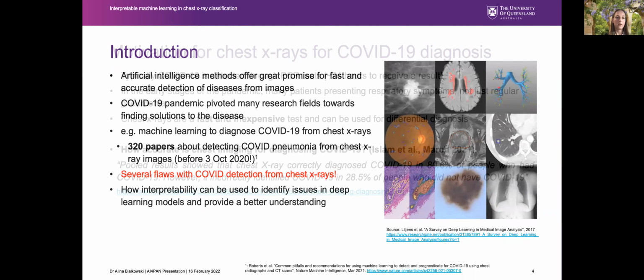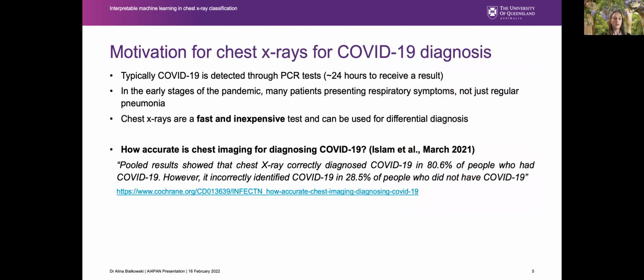To begin with, I want to give a little bit of motivation for why you would even use chest X-rays for COVID diagnosis. As we probably all know today, typically we diagnose or detect COVID using PCR tests. You get a nasal swab and a throat swab, and you wait usually 24 hours and you receive your results.